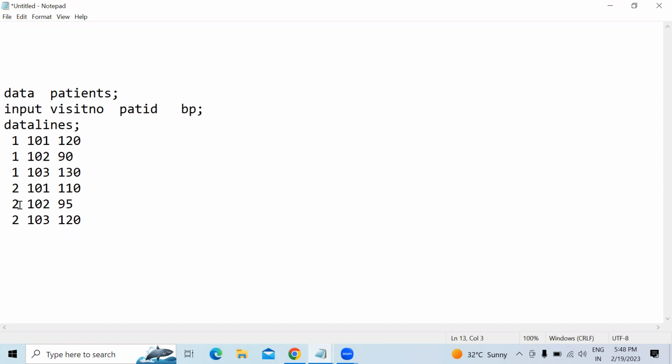Again, the last visit I am taking for each patient. So third visit, for 101, it is now 100. In the third visit for 102, it's 90.